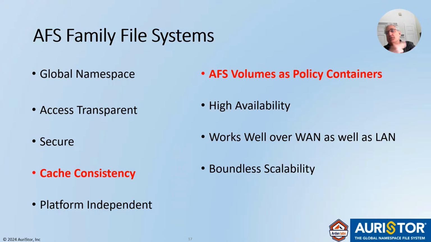Unlike most distributed file systems, where if something changes on the server you don't know and you have to poll the server, in the AFS family the server has a lease with the clients, and the clients get told that something's changed. So it's got a wonderful cache consistency model.